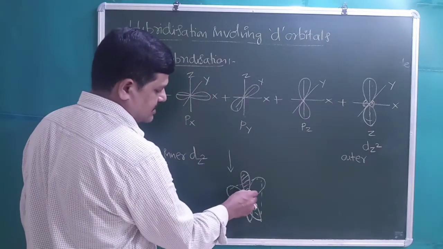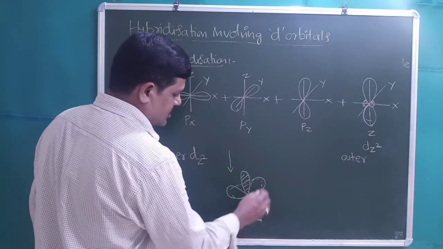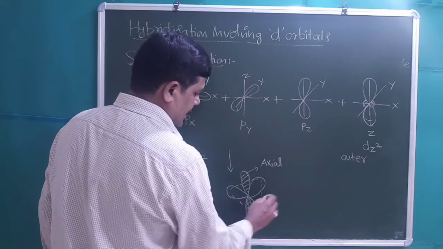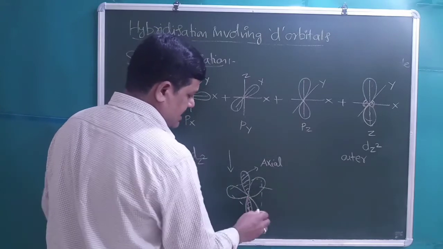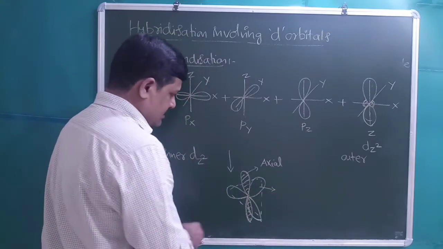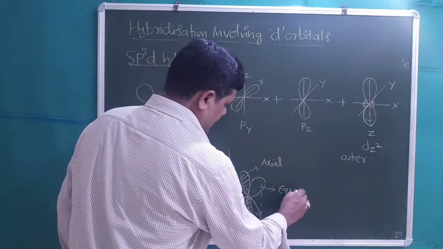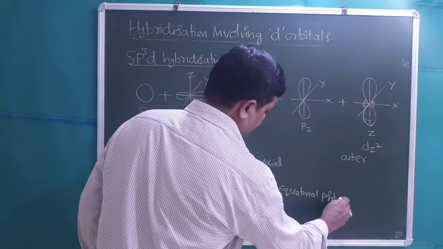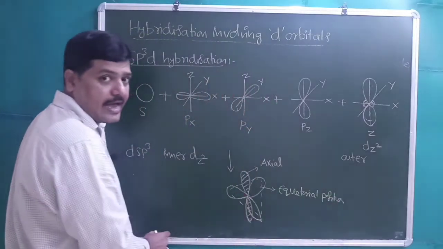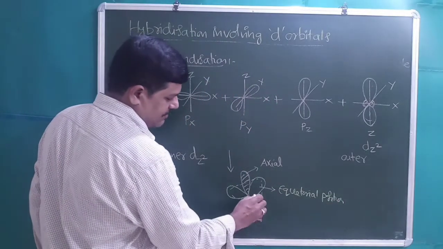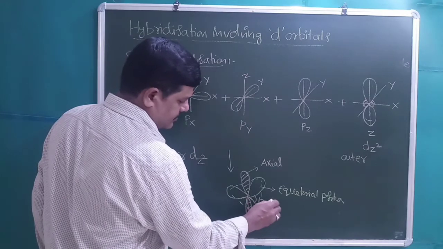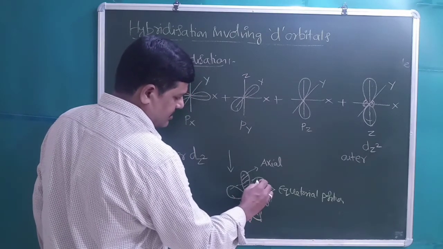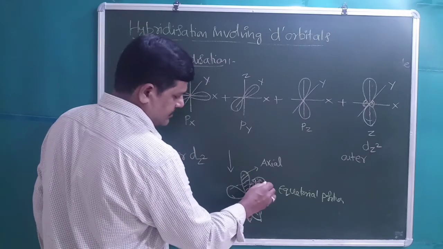These shaded orbitals' position is called axial position. And these 3 orbitals are known as equatorial position. So here the angle between equatorial orbitals is 120, and the angle between axial and equatorial is 90 degrees.